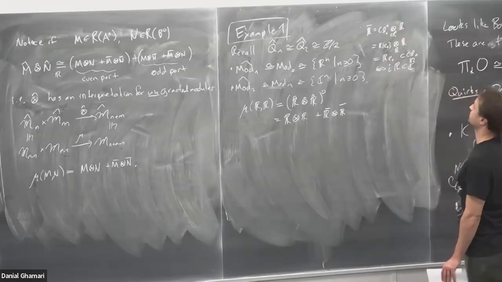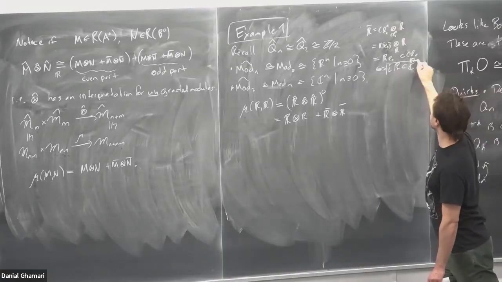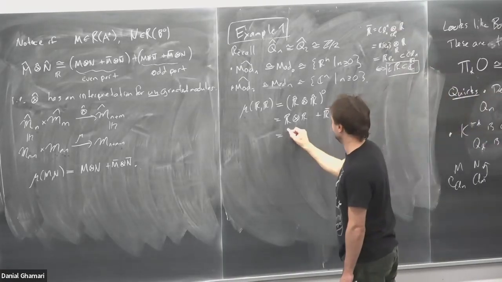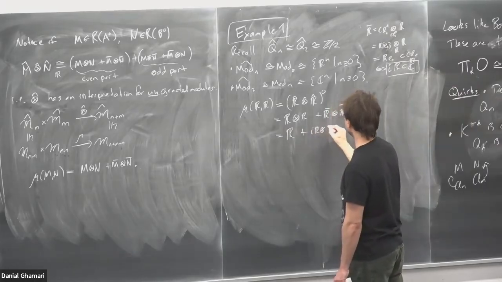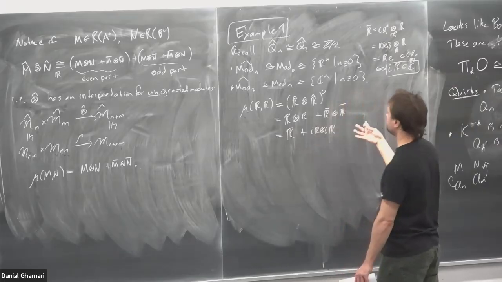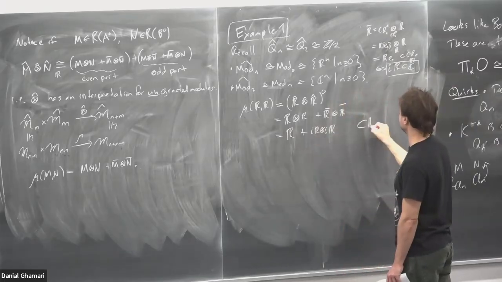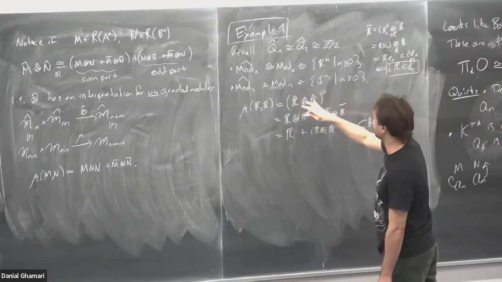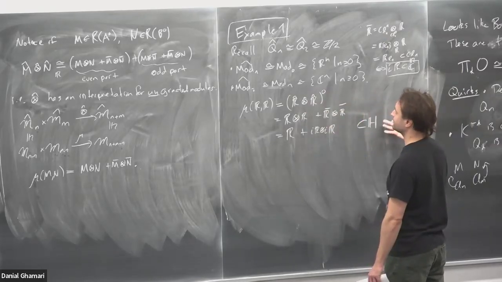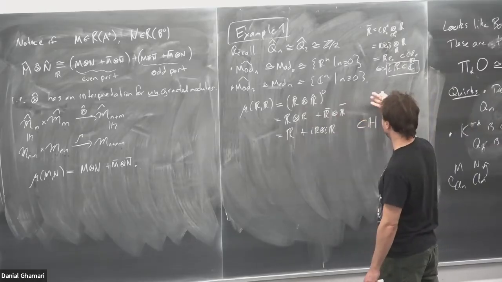So this R bar is actually iR. It's living inside of H. So this is the even part of H considered as a module over itself.